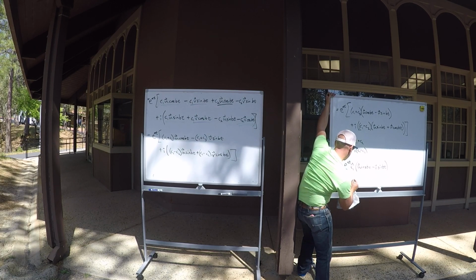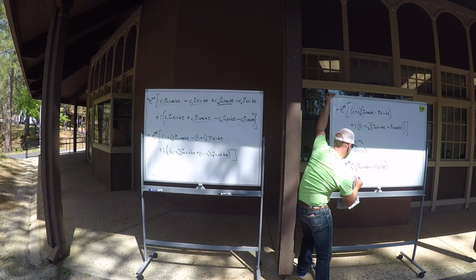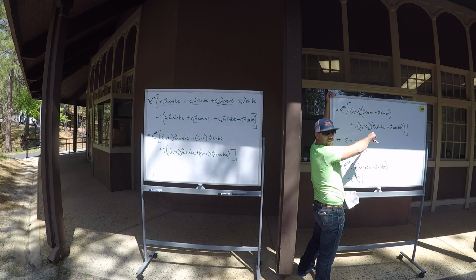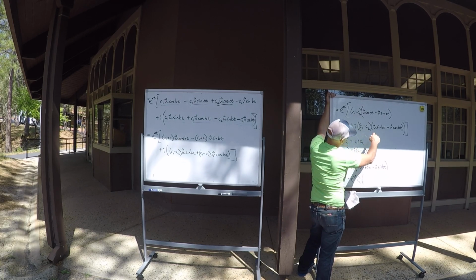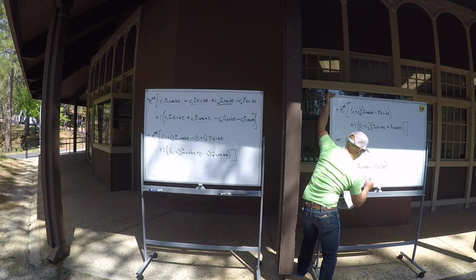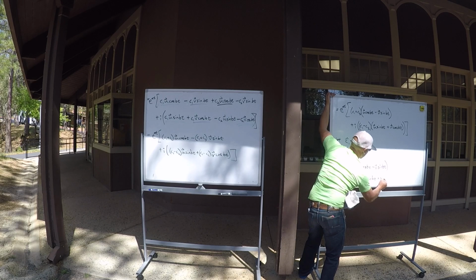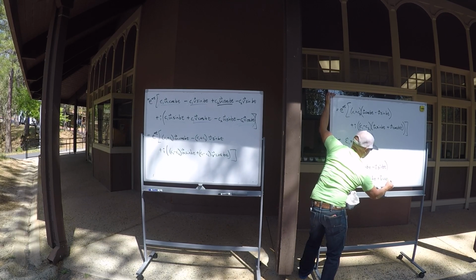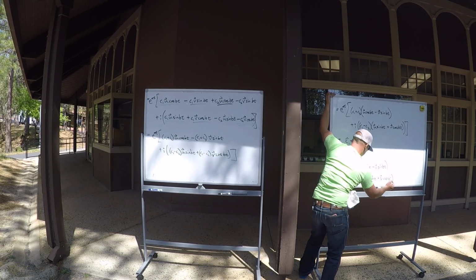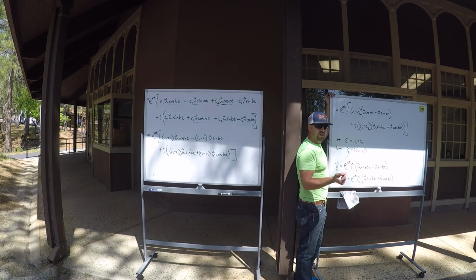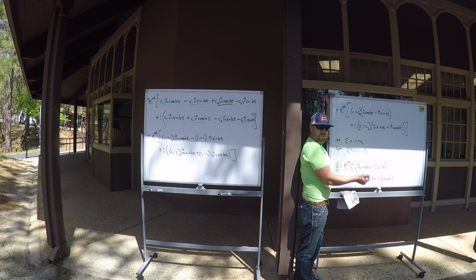Plus e to the AT times C2 hat, and then this is the one that I screwed up before when I was reading it out of the book, right? So it's u sine plus v cosine, and the reason that they're mismatched, like why did the real parts get mixed with the imaginary parts?